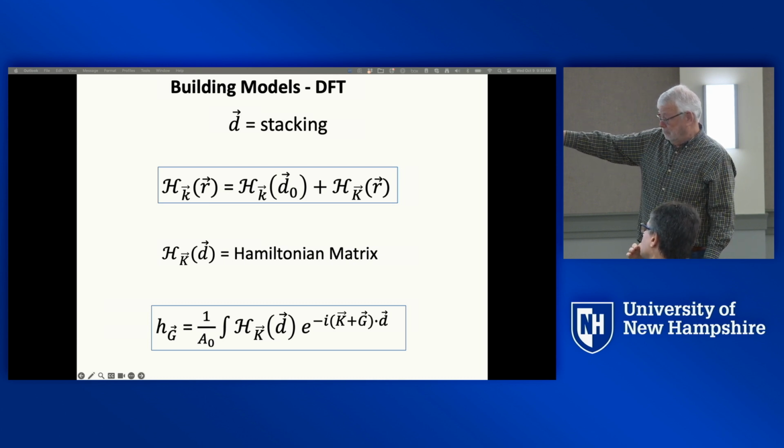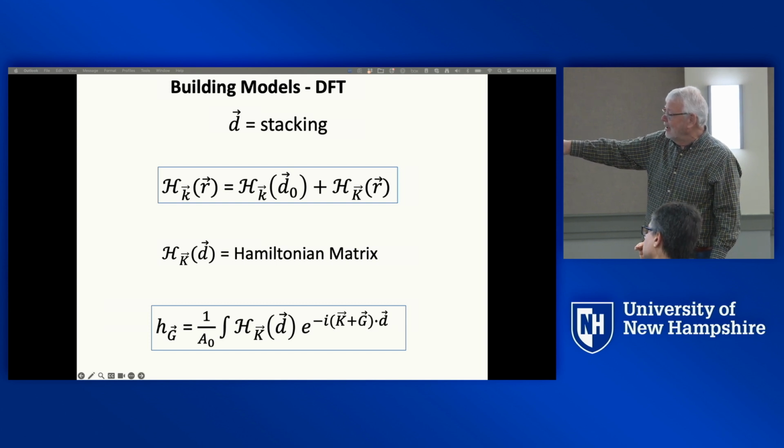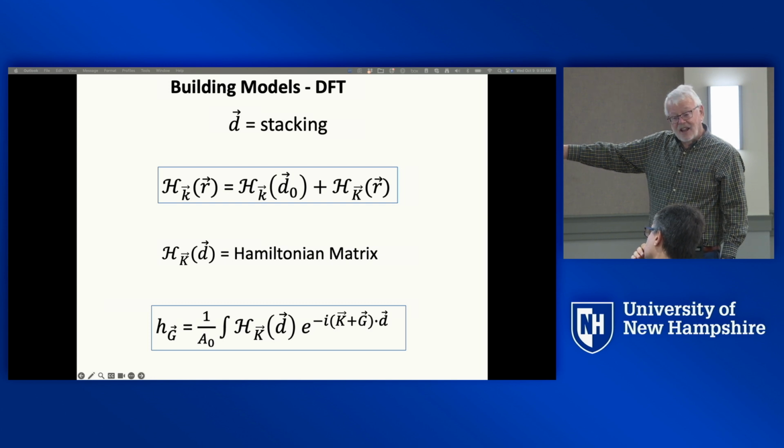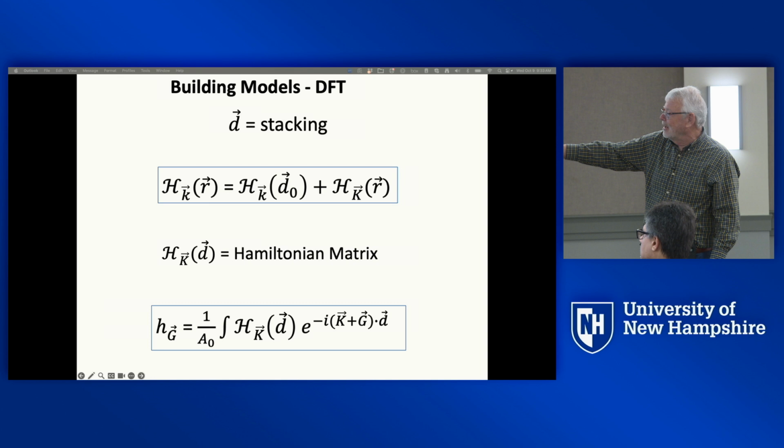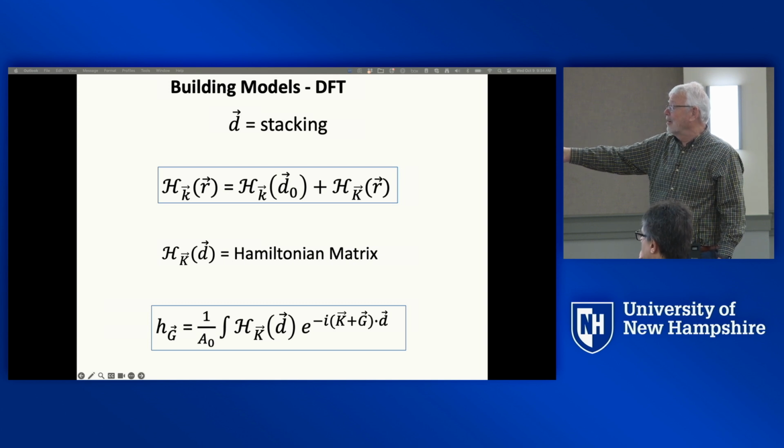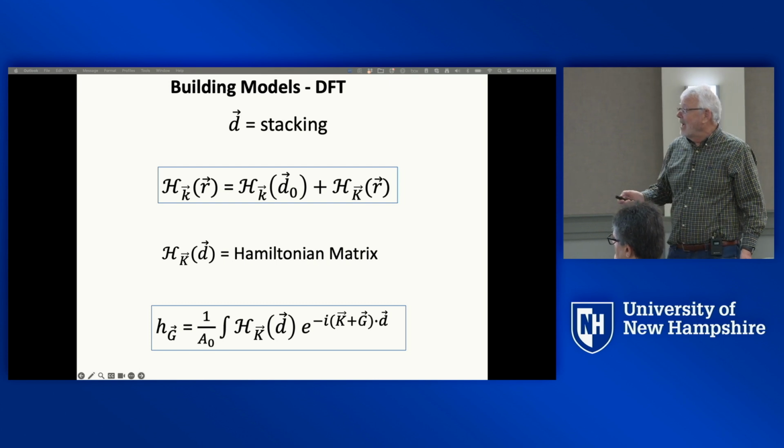In the applications of interest, this stacking correction is small. It has a k-dependence on the scale of the atomic lattice constant. We're only interested in k-dependence on a much smaller length scale. So we can neglect the k-dependence of this Moiré stacking dependent correction term. And that's basically what the Hamiltonian is.